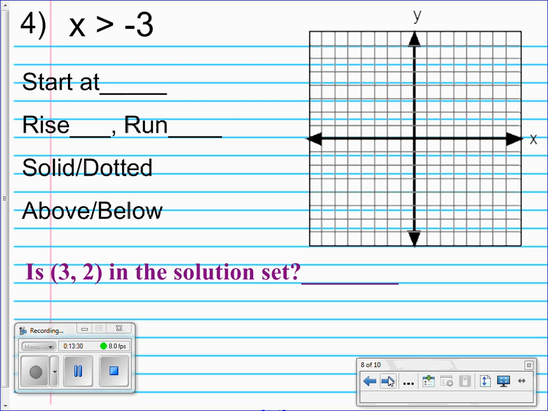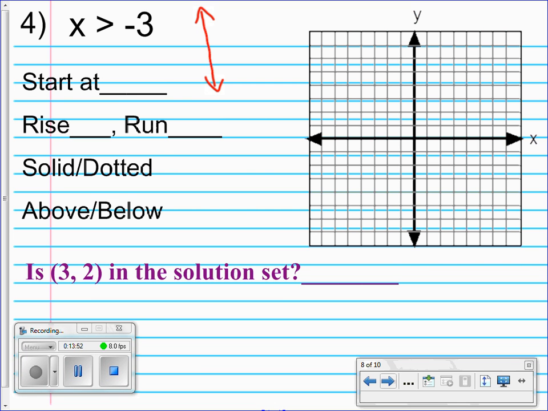All right, number 4, x greater than negative 3. Remember back on this beginning of the notes, we talked about x equaling a number. Well, this is x greater than negative 3, which means it's going to be a vertical line, having an undefined slope.